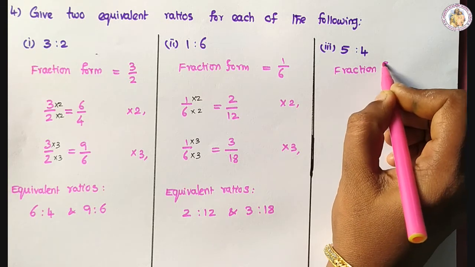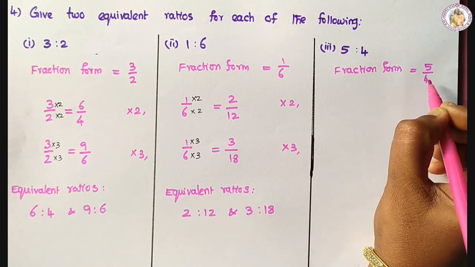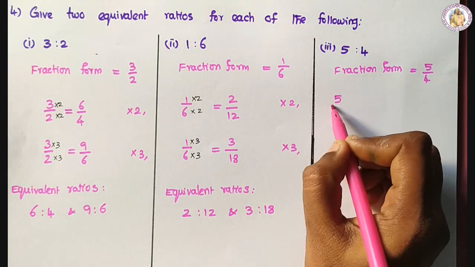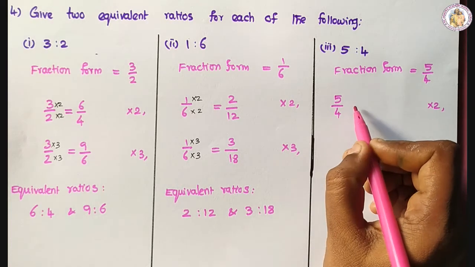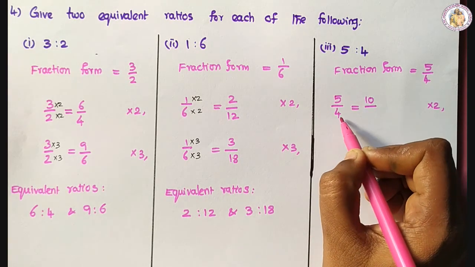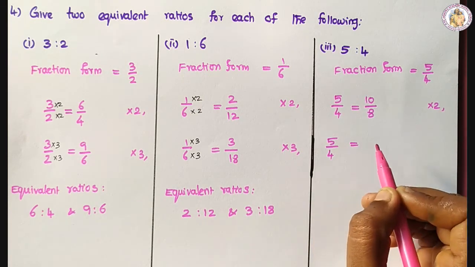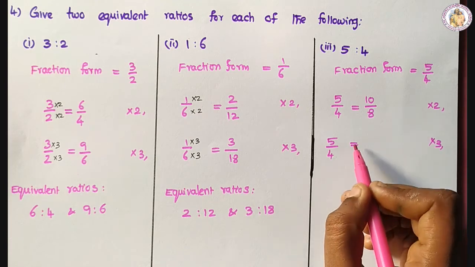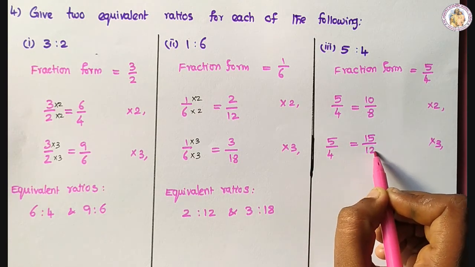Next one, 5:4. In fraction form, 5 by 4. 5 by 4 multiplied by 2, we get 5 2s are 10 divided by 4 2s are 8, and multiplied by 3, we get 5 3s are 15 divided by 4 3s are 12.